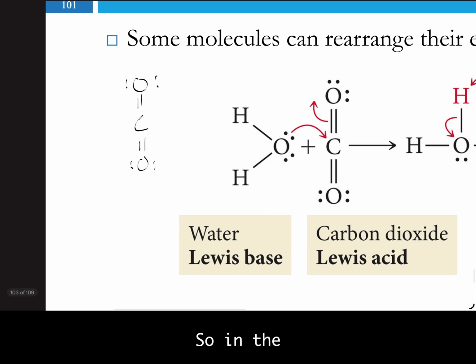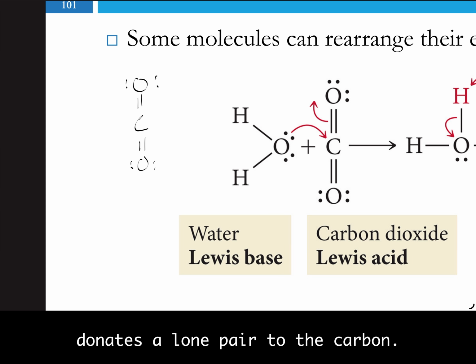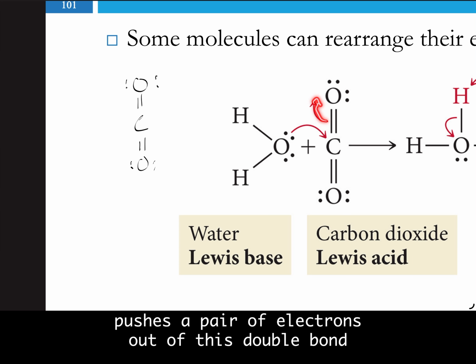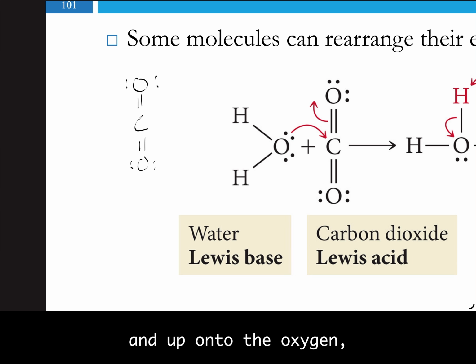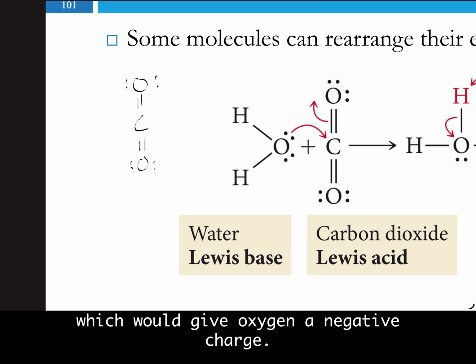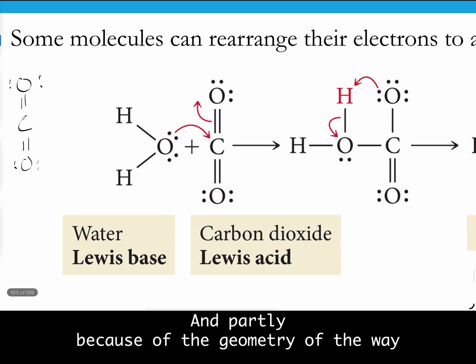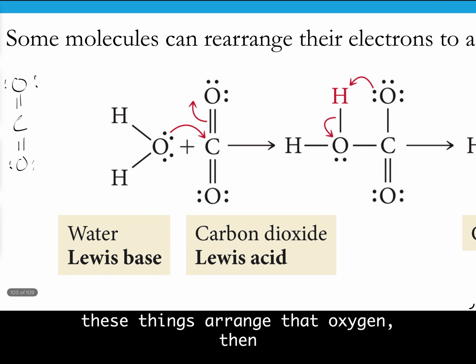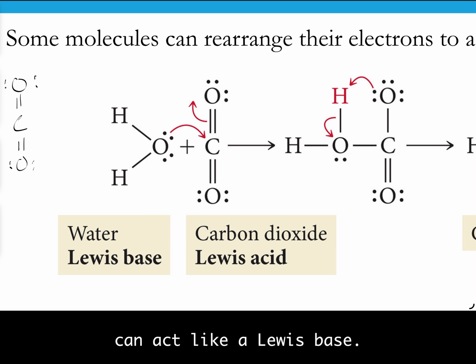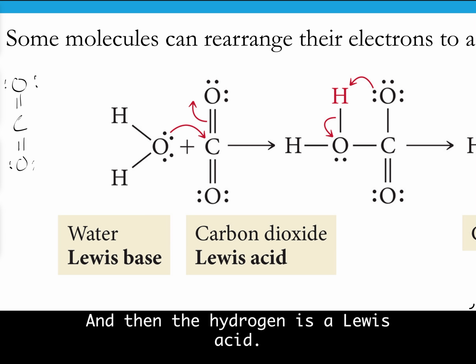So the Lewis base is our water, which donates a lone pair to the carbon. That lone pair pushes a pair of electrons out of this double bond and up onto the oxygen, which would give oxygen a negative charge. And partly because of the geometry of the way these things arrange, that oxygen then can act like a Lewis base, and then the hydrogen is a Lewis acid.